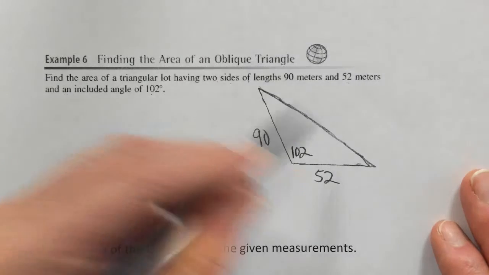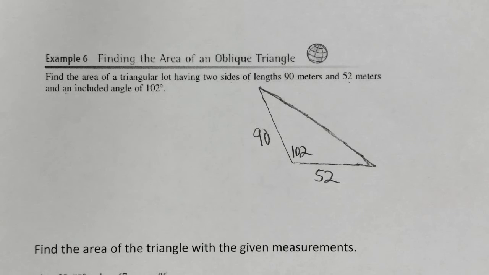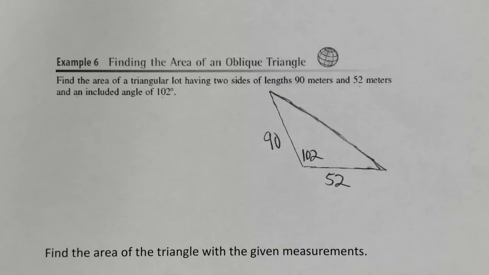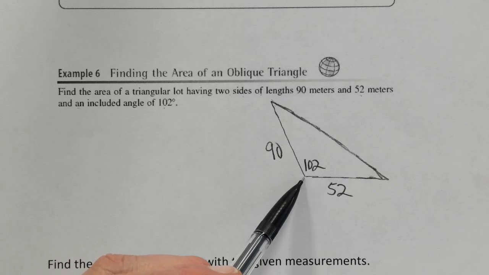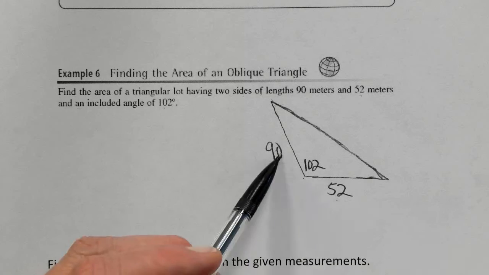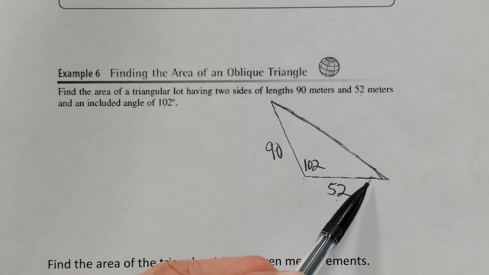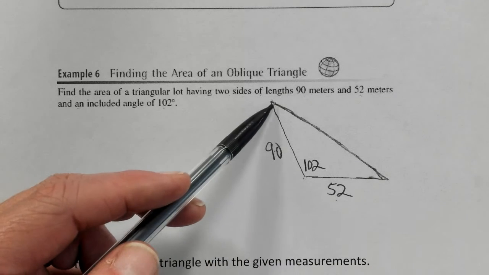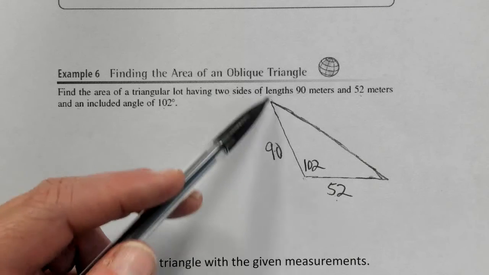The question becomes, how can we use the formula we just looked at to find the area? Remember, since this is not a right triangle, you can't use these sides as the base and the height. If I use this as the base, how am I going to calculate the height? Same thing if I used 90 as the base.